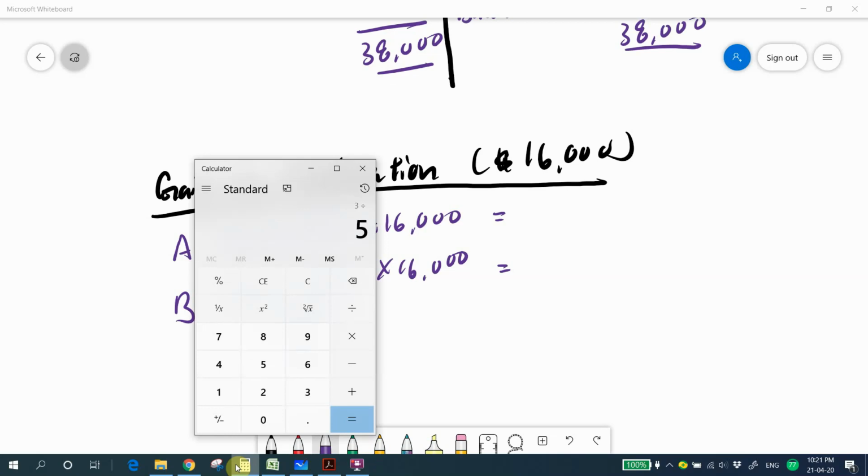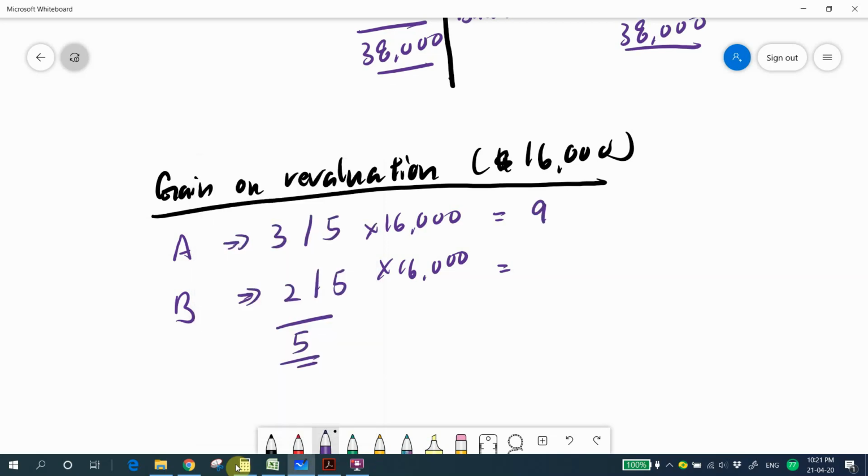3 divided by 5 times 16,000, 9,600. And for B it is 6,400. So the total amount is 16,000. Mr. A gets 9,600 and Mr. B gets 6,400 from the gain on revaluation.